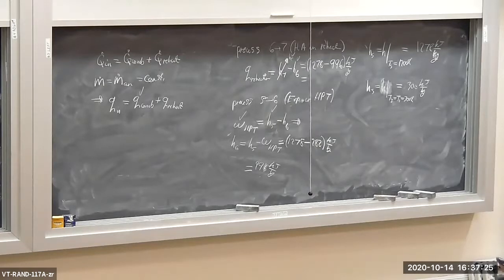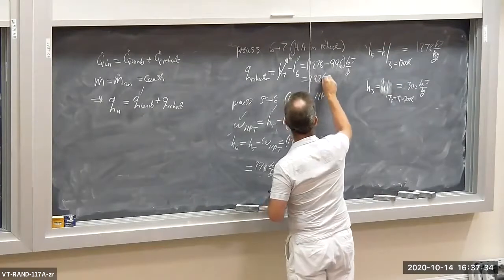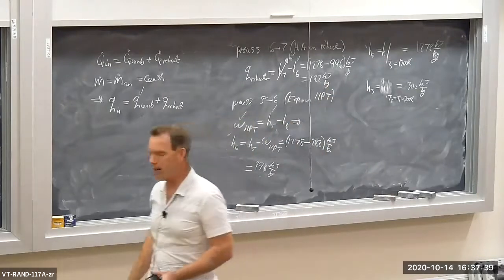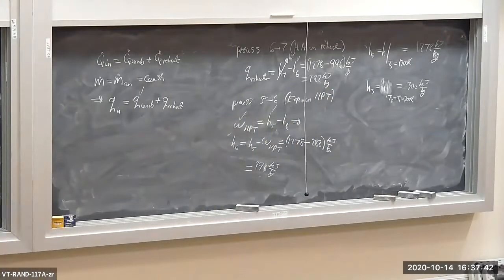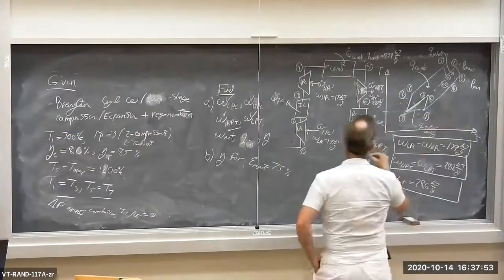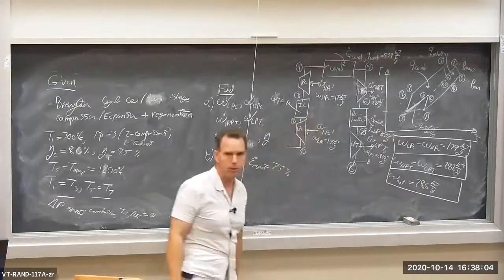So 1278 minus 996, I get 282 kilojoules per kilogram back. So we went right back up to the original temperature. So Q reheat is 282 kilojoules per kilogram, which is the work output of the high pressure turbine.